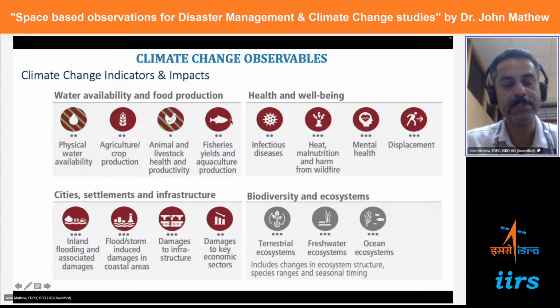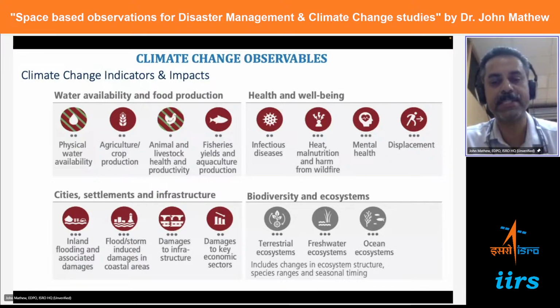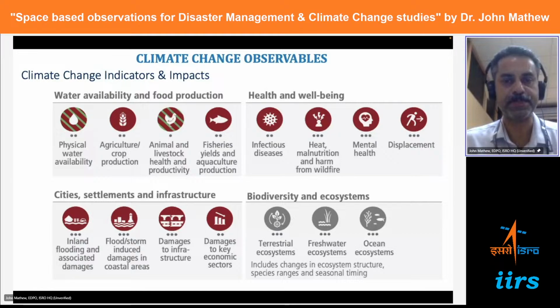Then fisheries is going to be negatively affected, and all the health and well-being parameters are also going to be badly affected. And then obviously, for cities, settlements, and infrastructure, we are going to have floods, inland flooding, and damage to infrastructure. On the lower right side, the biodiversity and ecosystems show some influence by change of climate, but there is no trend actually evolving, especially for terrestrial ecosystems or freshwater ecosystems.